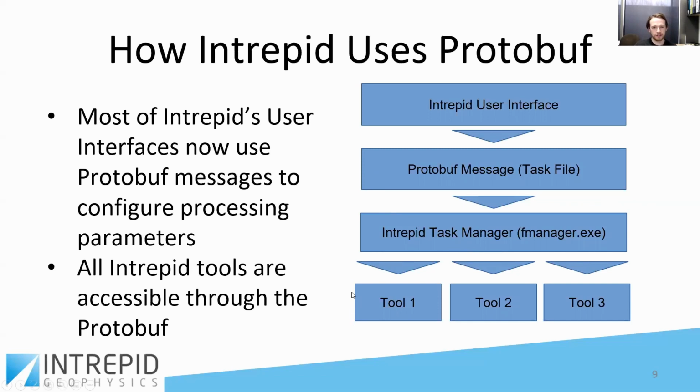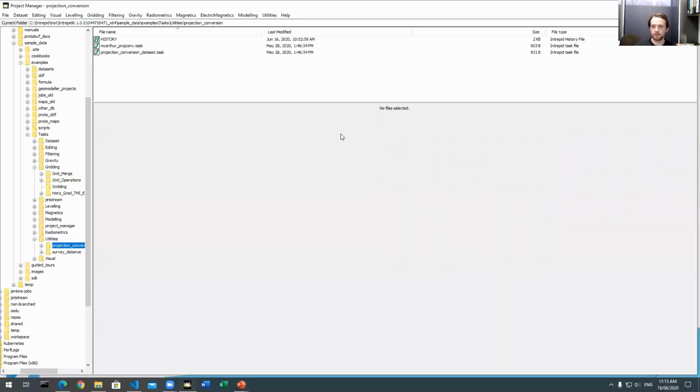So I can quickly show you what I'm talking about here. Here we look at the project manager. This actually doesn't touch any of the engine room. This is just a user interface that is capable of creating a task file and then sending it to a different executable.